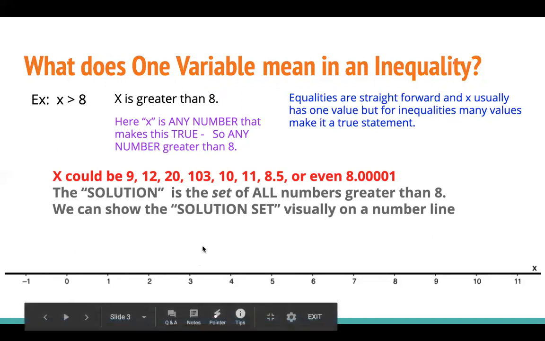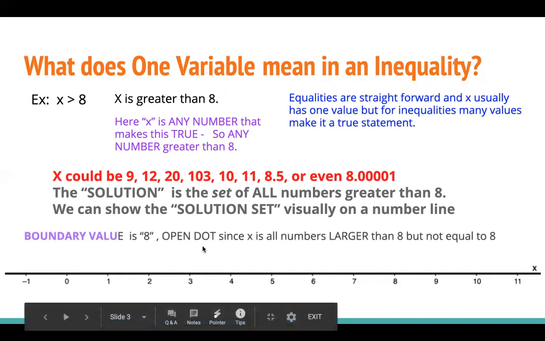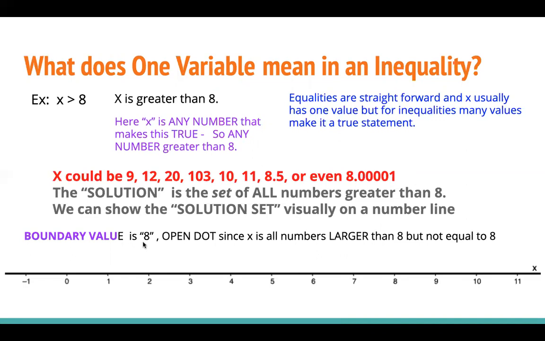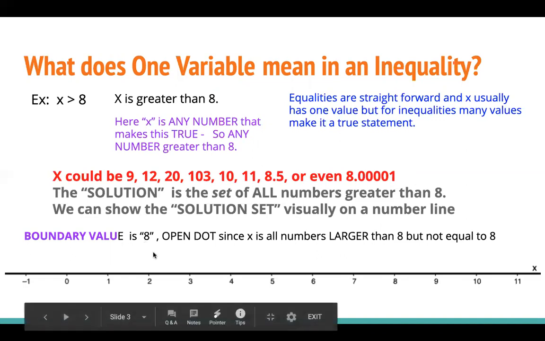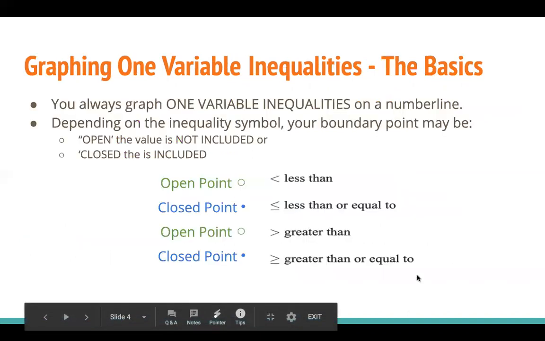We can show the solution set visually on a number line. The boundary value that separates the true statements from the false is at 8, and it's an open dot since x's number is larger than 8, but does not include 8. So it says, okay, there's my boundary value, and all numbers bigger than 8. And I know that that open dot means that the solution cannot actually be 8.